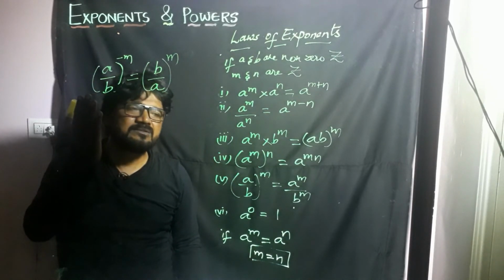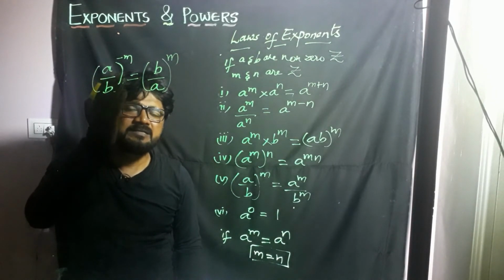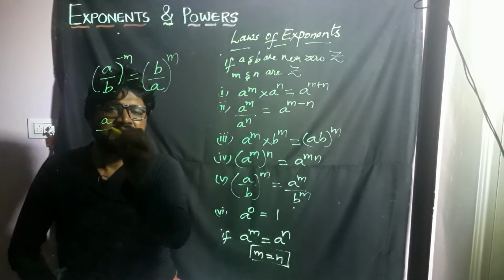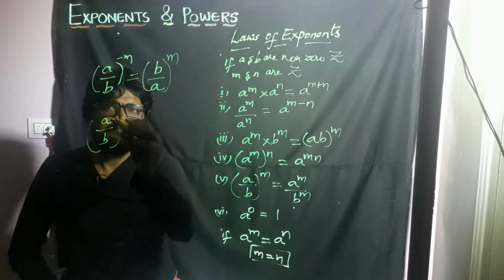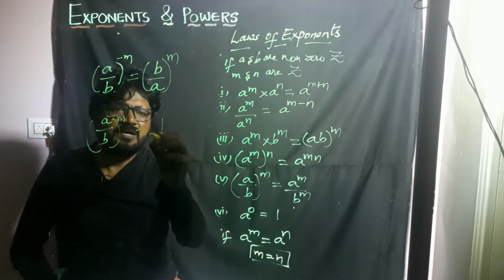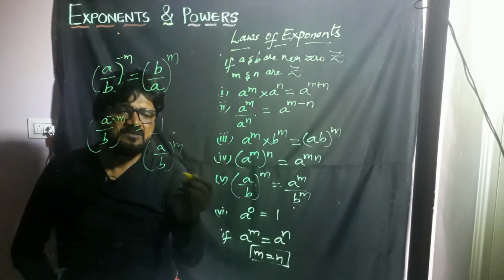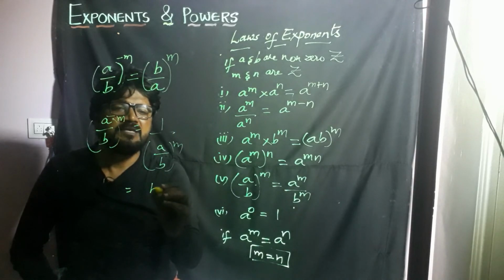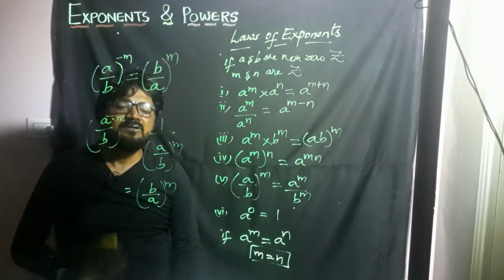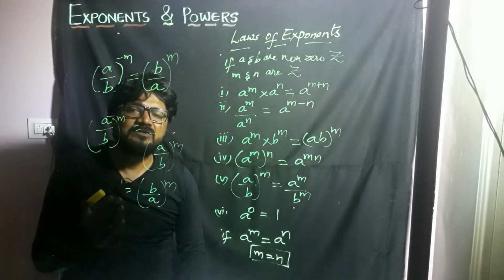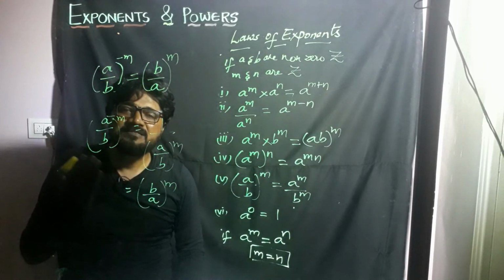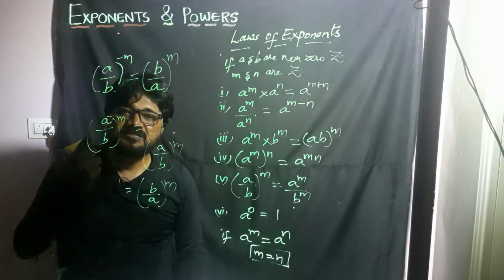So a by b whole to the power of minus m can also be written as 1 by a by b whole to the power of m, which is the same as b by a whole to the power of m. We can use this format when the base is in fraction form.